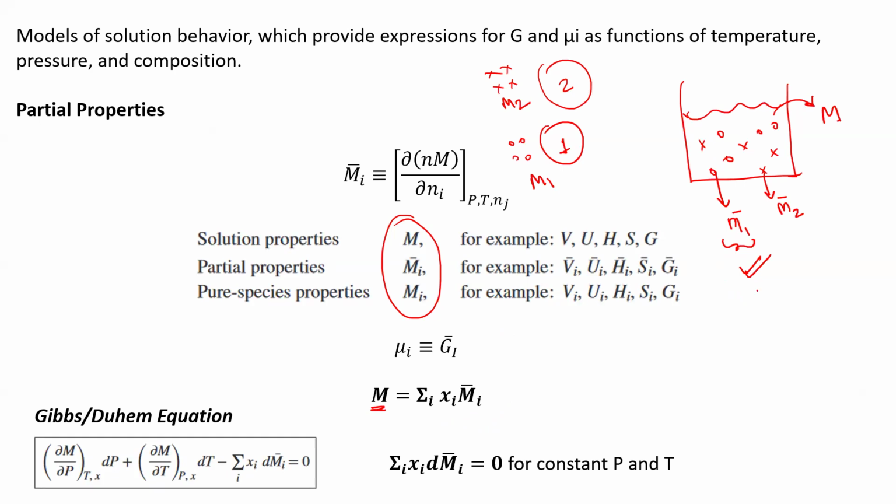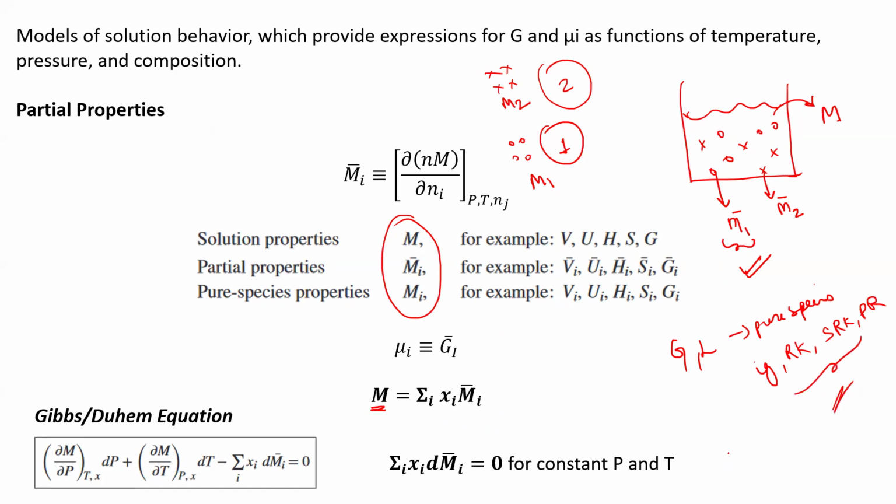Generally, we have discussed earlier that for a pure species, for a gas or for a liquid, there are different kinds of models like ideal gas, Redlich-Kwong, and Peng-Robinson. All these we have discussed.